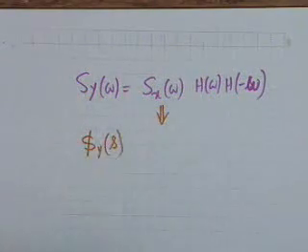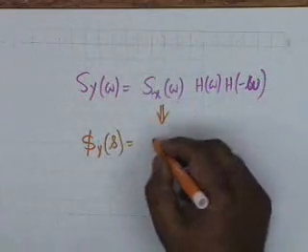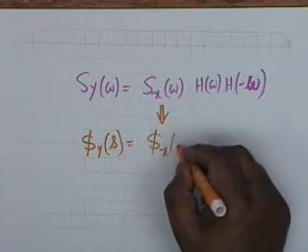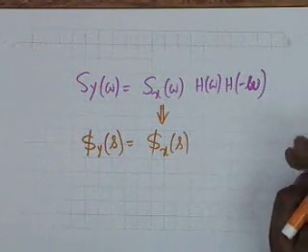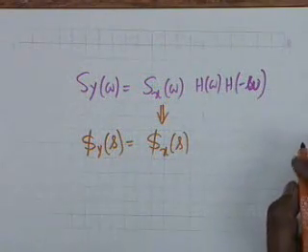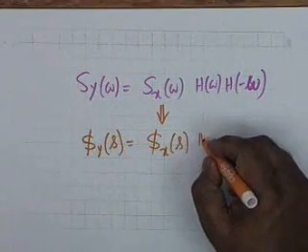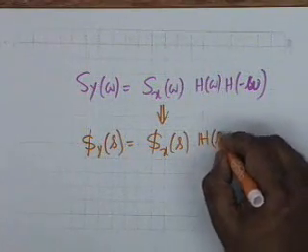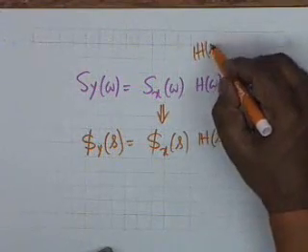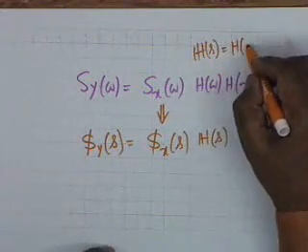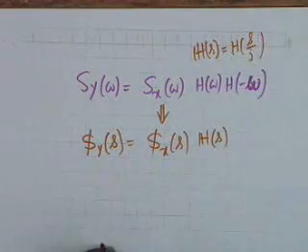I simply replace omega by s by j, and I change the functional notation as Sx of s. What shall I get here? H of s by j. Shall we change this to h of s? Well, I write this as h of s is equal to H of s by j.